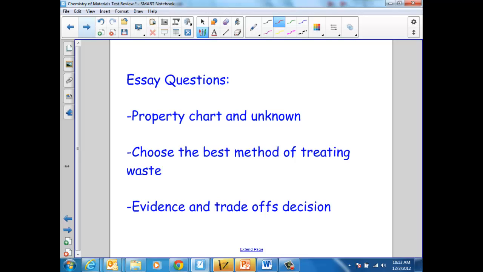You'll be asked to choose the best method of treating waste. They will give you four different waste treatment options, and you will have to make a determination, and then there will be an evidence and trade-offs decision. Read the questions carefully. If it requires a trade-off, be sure you put the trade-off in. If it does not suggest that you need a trade-off, this question probably will not be.